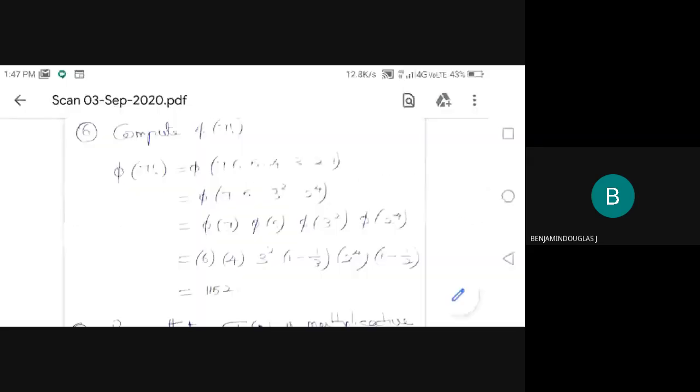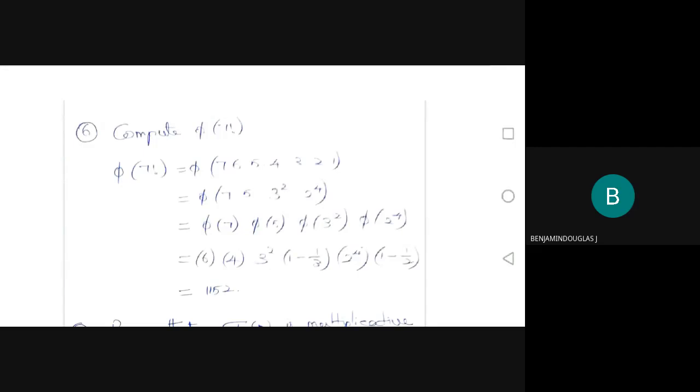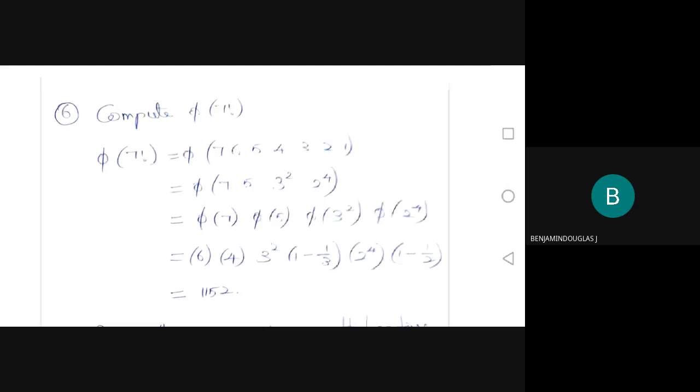On the next problem, compute phi of 7 factorial. So 7 factorial can be expressed as 7 into 6 into 5 into 4 into 3 into 2 into 1. Okay. So 6 is a composite number, so 6 can be expressed as 2 3s are 6.